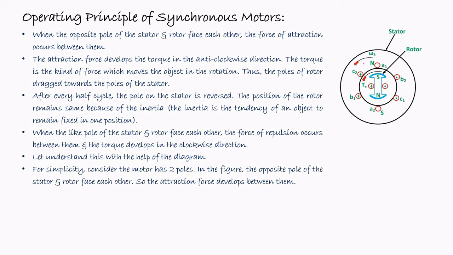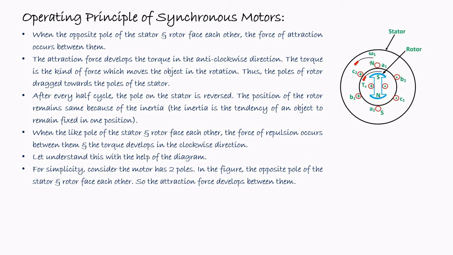So look at this picture. Here is the stator where the three-phase AC supply is given. A rotating magnetic field is produced which rotates in the counterclockwise or anti-clockwise direction. Here is the rotor, a salient pole rotor, a two-pole machine. When the DC supply is given to the rotor winding, a constant magnetic field is produced. So this is the south pole and this is the north pole of the rotor, and it is fixed.